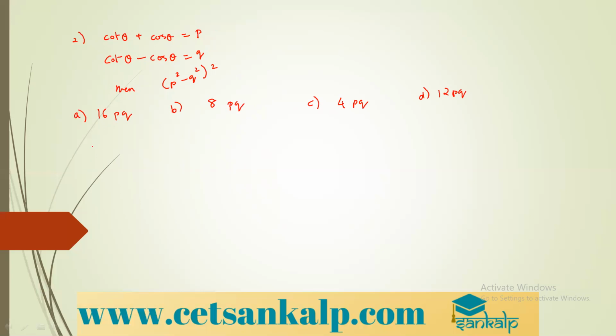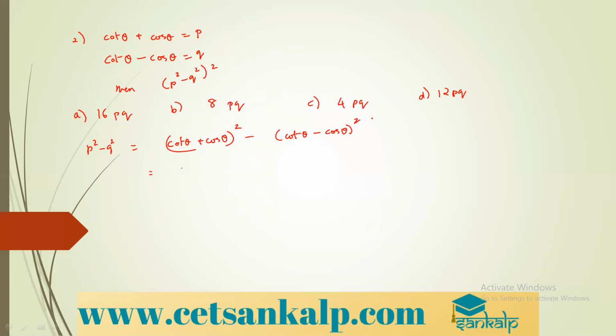So what I will do is start with P square minus Q square. What is P square minus Q square? It is cot theta plus cos theta whole square minus cot theta minus cos theta whole square, because this is given in the question.